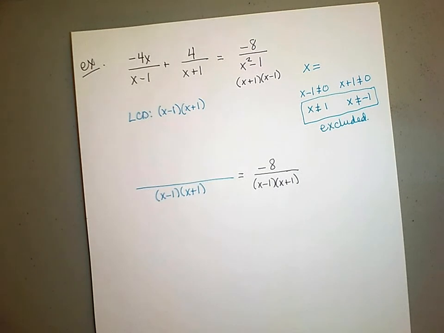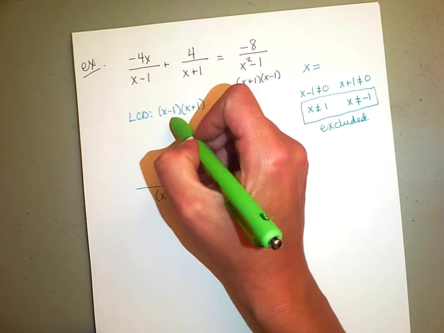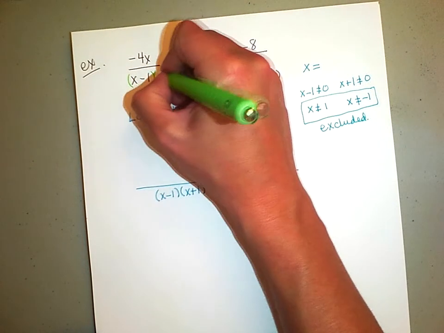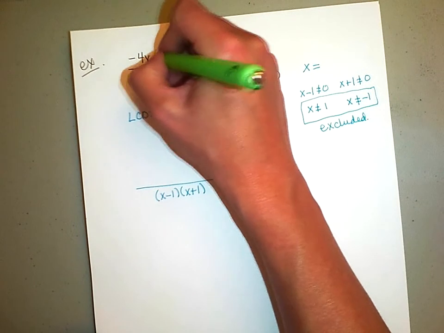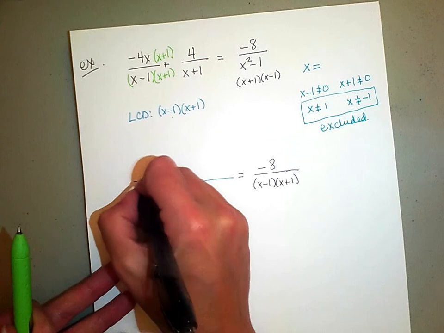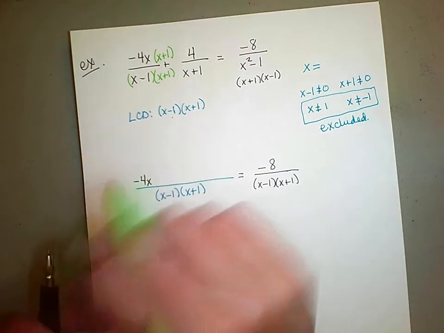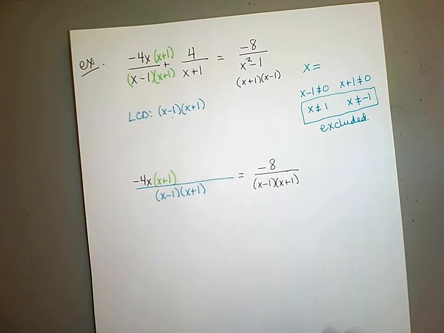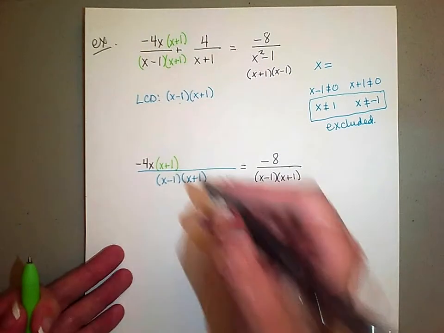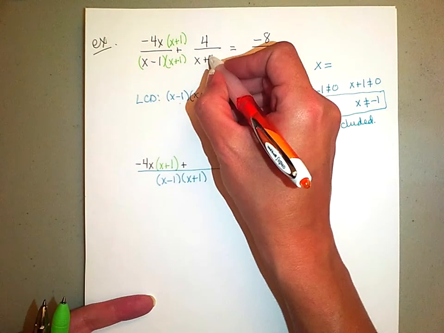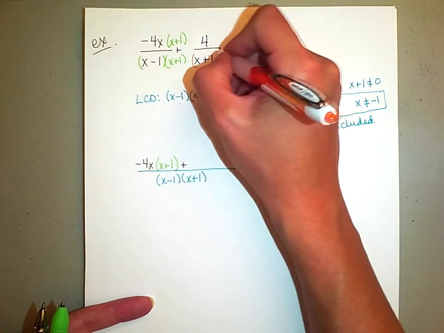So here, in the first part, I have the x minus 1, so that needs to get multiplied by the x plus 1, and so does the top. So our first term will be this. Plus, and then here we have the x plus 1, so we need the x minus 1.